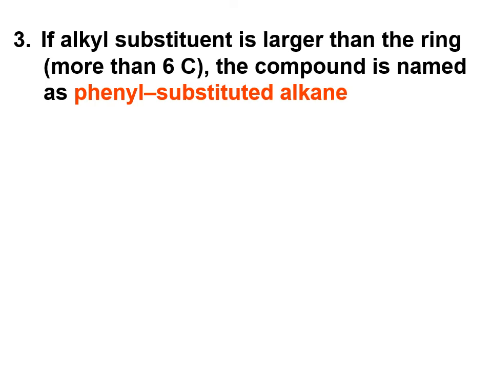So what is the condition when my benzene ring becomes a substituent? If the alkyl group attached to the benzene ring has more than 6 carbons, the parent will be given to the alkyl group, and my benzene ring is going to be a substituent.